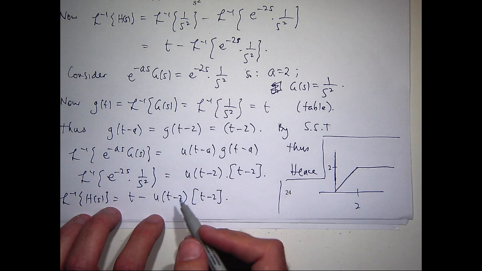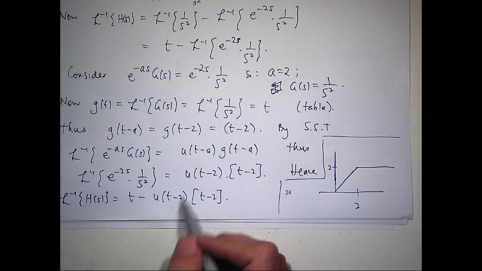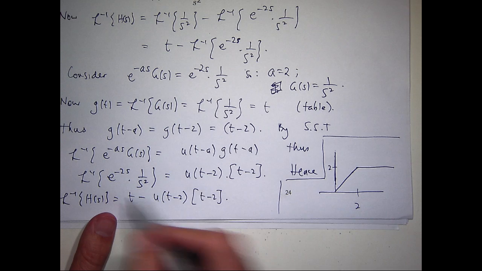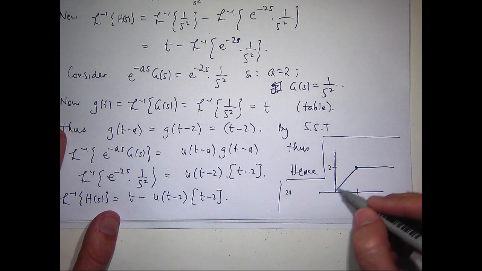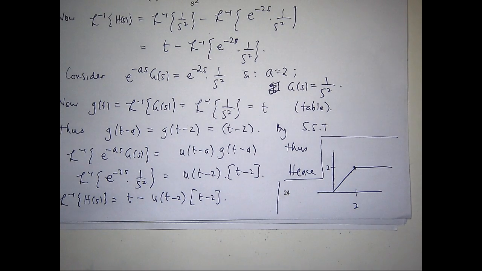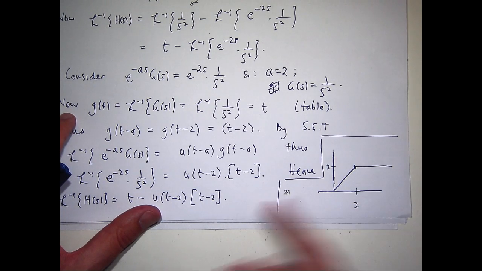Now at t equals 2, this is going to be a half, and if you work out the calculations, you get 2 as well. So this is the kind of curve that you get for the inverse transform. This sort of ramp loading type curve. For t greater than or equal to 0, this is just the graph of what we've computed.